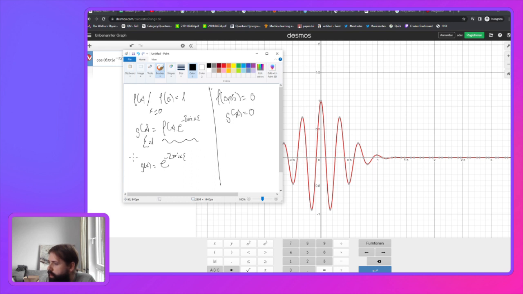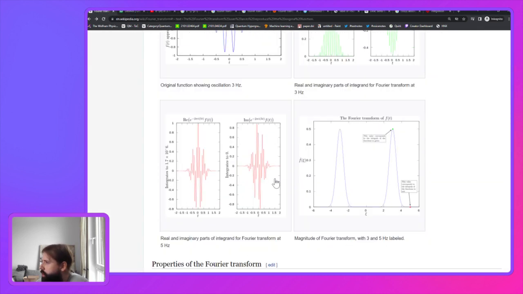Because remember, what we're integrating is like so. I'm trying to visualize that, and it's so hard. I'm getting lost somewhere along the way.